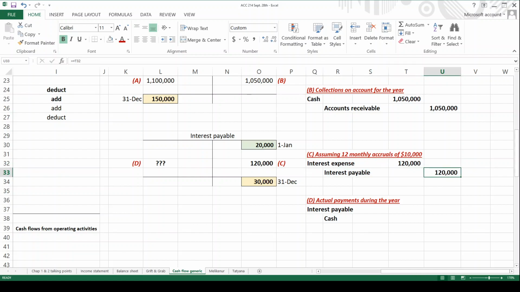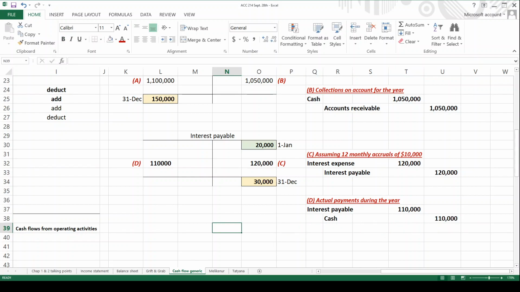That's the payable. All right. So if that's the case, then how did the balance get to be $30,000 at the end of the year? So the answer is that this number here must be $110,000. And that's the cash number. That's the number we're looking for.